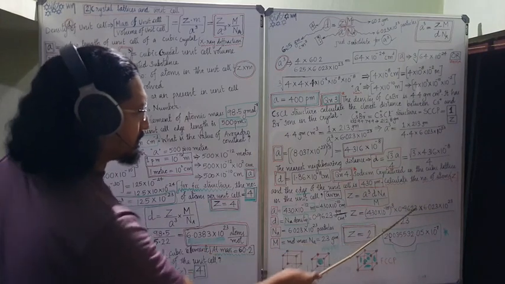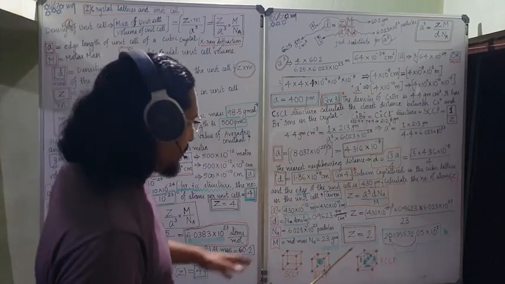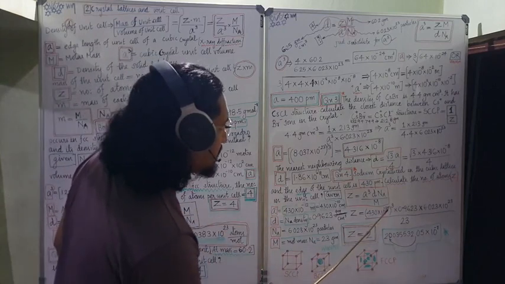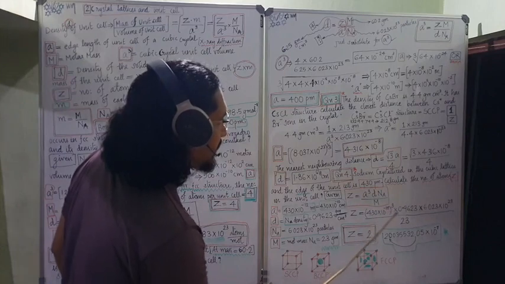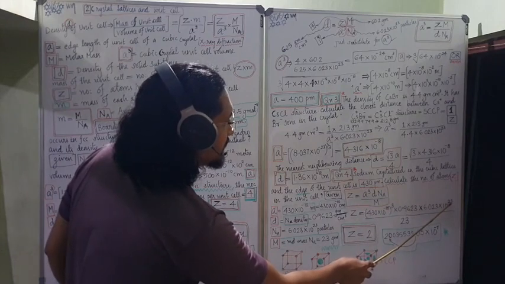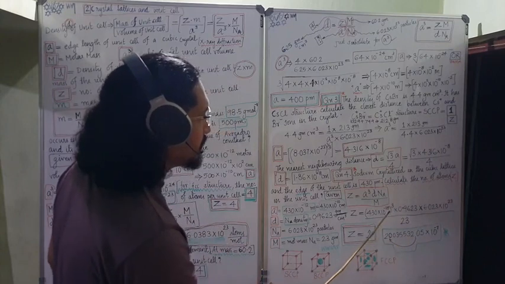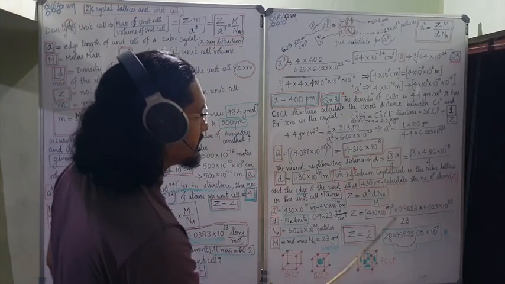Solving all these things now, I will make you understand. This 10 raised to minus 10 into 3 now is minus 30. Minus 30 plus 23 here, so 10 raised to minus 7 is the answer.